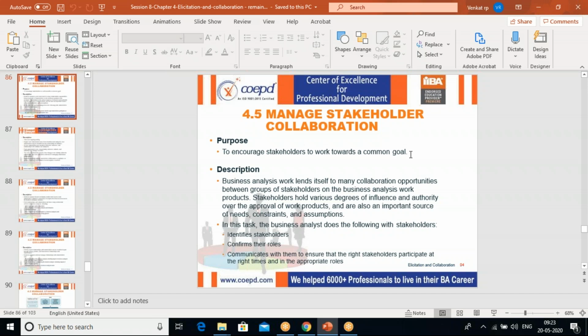So the stakeholders are not all in the same position. As I've been saying about RACI, we have responsible, accountable, and in some cases supportive, consulted, and informed categories. We need to understand who the decision makers are, who will be contributing, and what each stakeholder's roles, responsibilities, influence, attitude, and authority are.